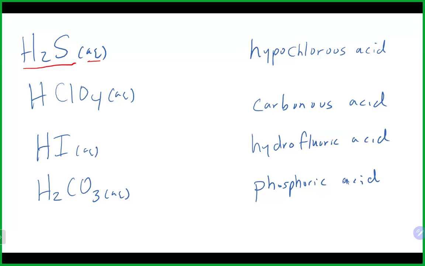So that tells me we are going to start with hydro, because there is no oxygen. Remember, this is H+, and this would be S2-, which is why we have two H's there. And that's basically sulfur. So this is hydrosulfuric acid.